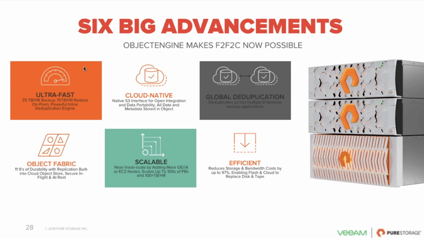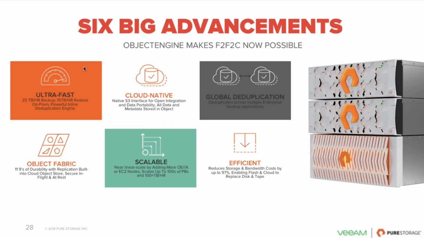We can take a feed from any product. Today we're generally working with our partners at Veeam and others, but we can take an unencrypted, uncompressed, and undeduped S3 data stream, deduplicate that, and then write that to any S3 target.